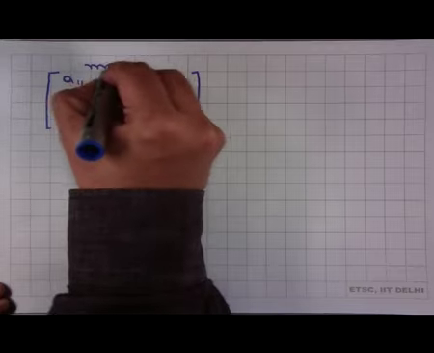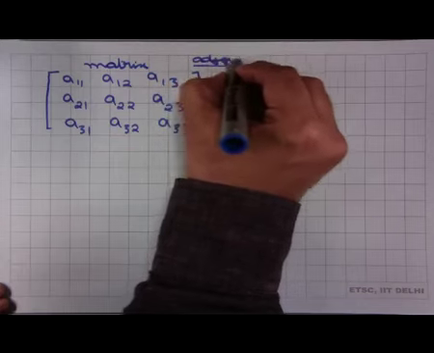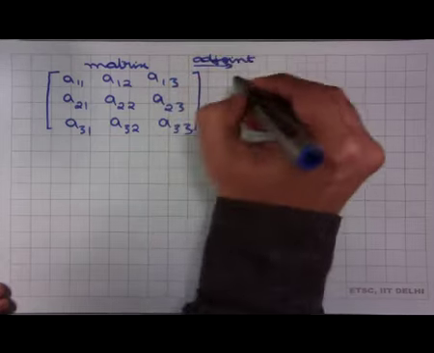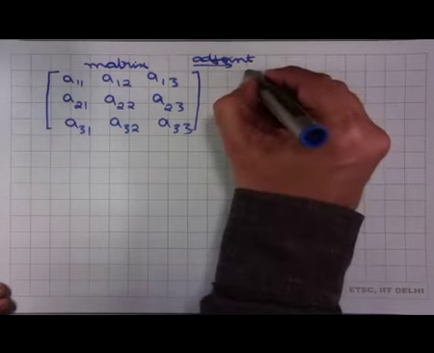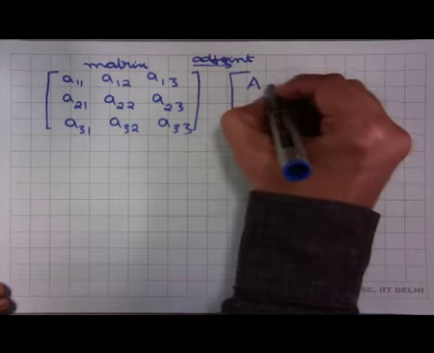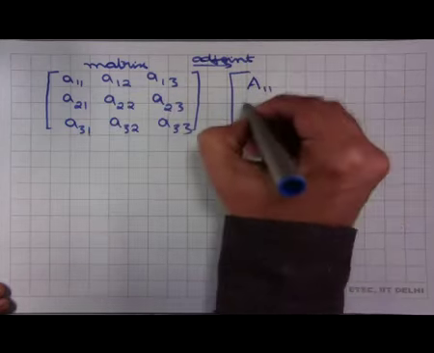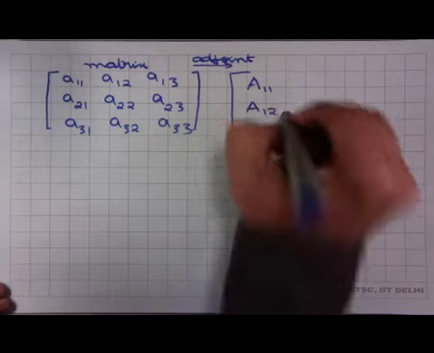Okay. And so, this is the matrix and its adjoint is obtained as the matrix where each element is replaced by its cofactor, and capital A12 is replaced, but by taking the transpose it will come over here, and A13.